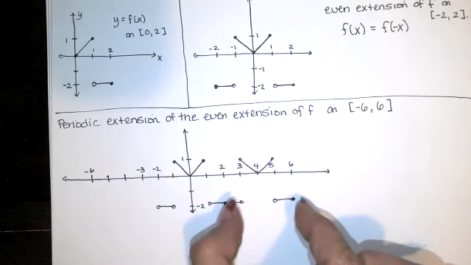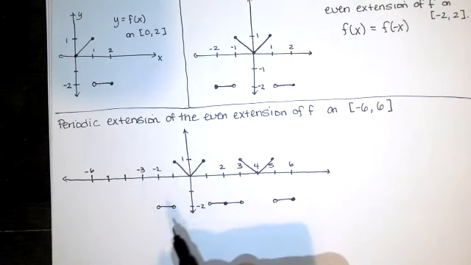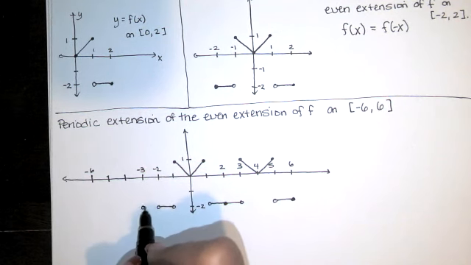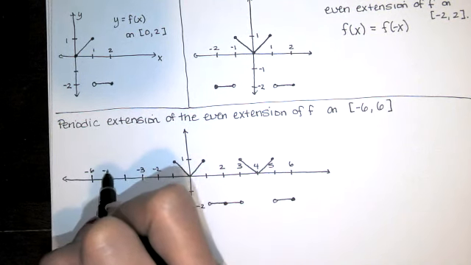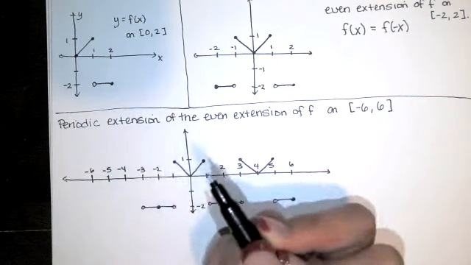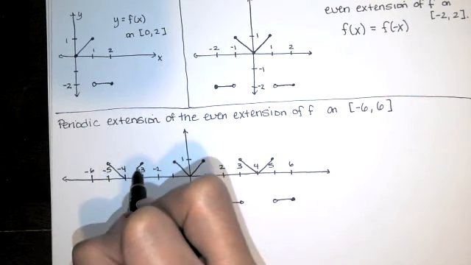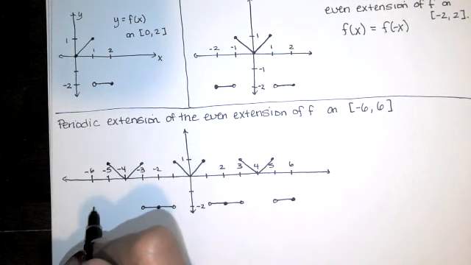So that's 1 period, that's 2 periods. And then over here, we're going to see something very similar. From here to here, I would have that. And then from -5 to -3, we'll see that V shape. And then from -6 to -5, we'll see this.